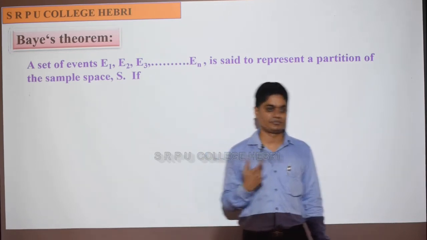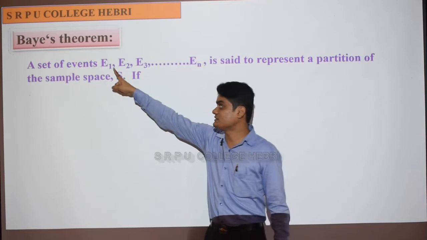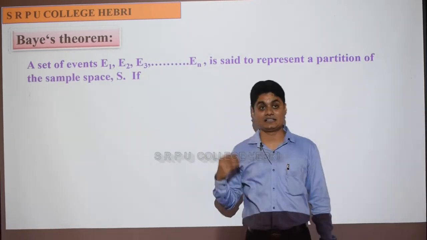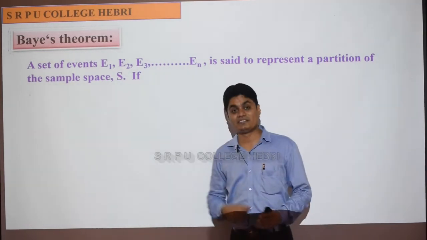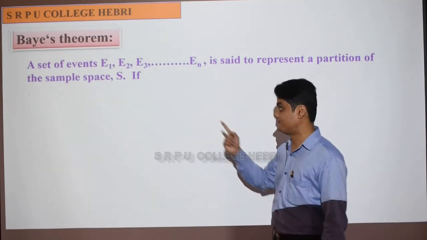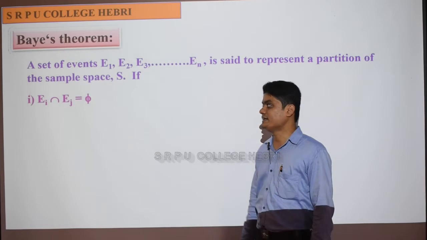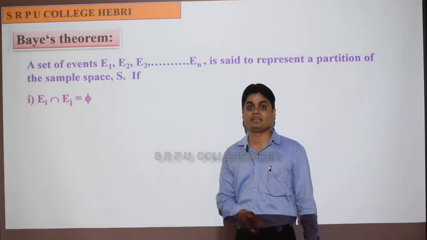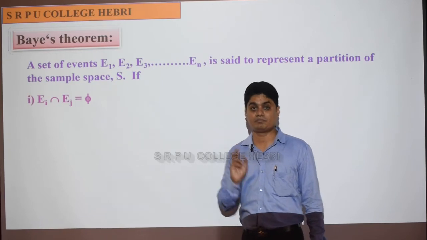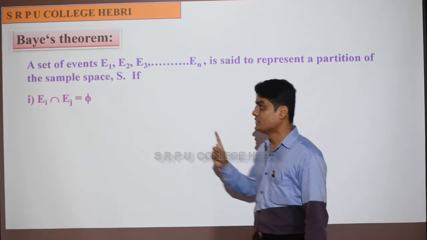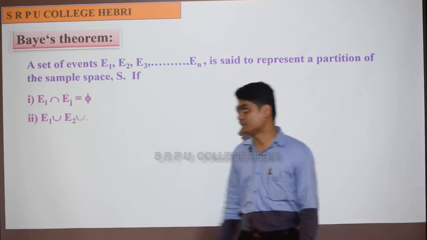If EI intersection EJ is the null set, they must be disjoint. Each and every event must be disjoint to each other.